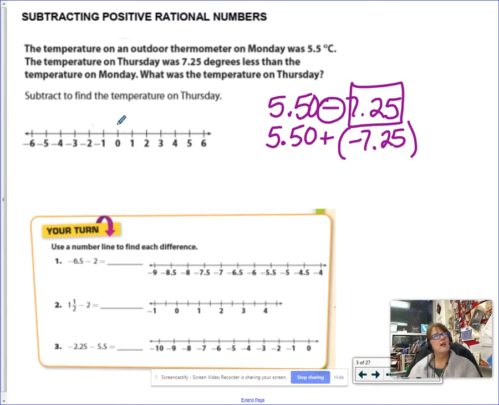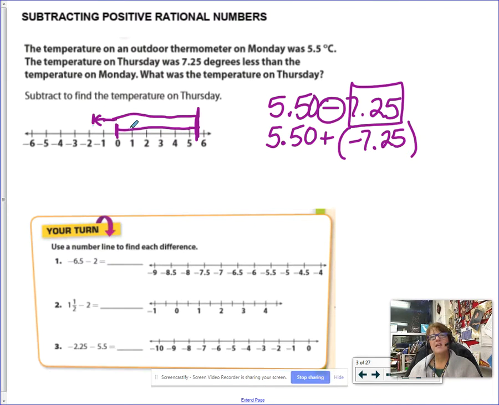So it's like we start at 0, you went up 5 1/2, and then you have to come backwards 7 1/4. So from 5 1/2, first we get back to 0. That's 5 1/2. Then this would be 6 1/2, and we don't want to be at 7 1/2. We want to be about 1/4 less than that.